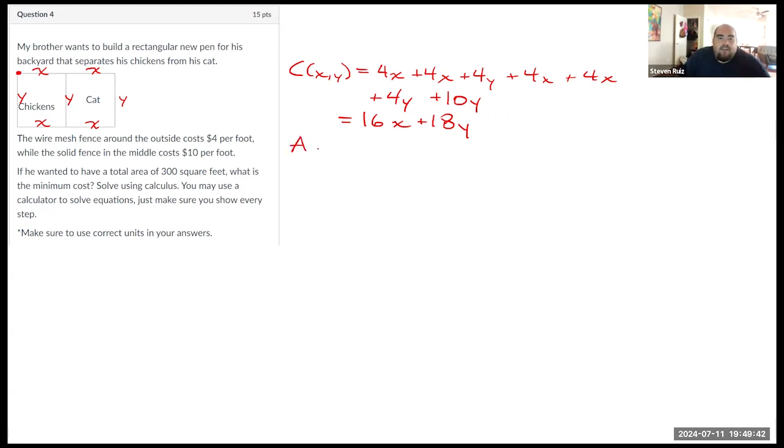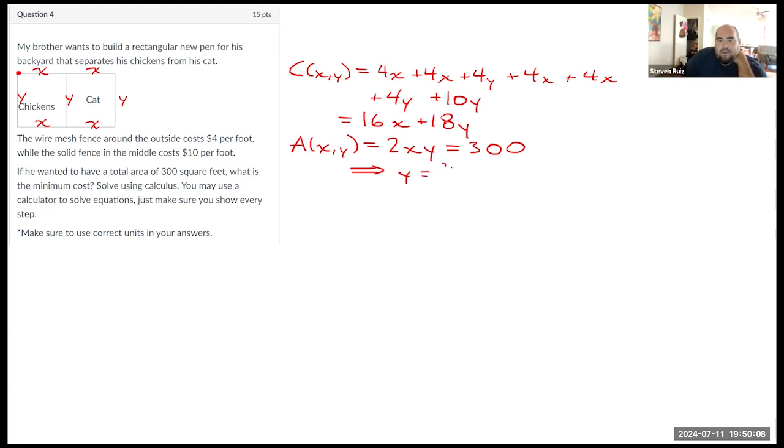So what's my area here? My area as a function of x and y is a rectangle, so it's going to be length times width. My length is 2x and my width is y. And I want this area to be equal to 300. So let's solve this for either x or y. Let's go ahead and do y.